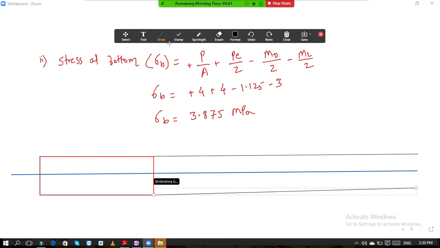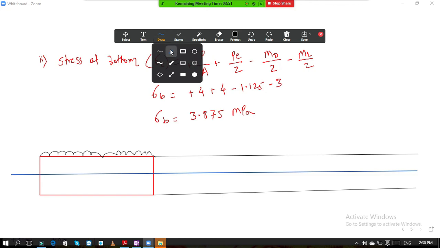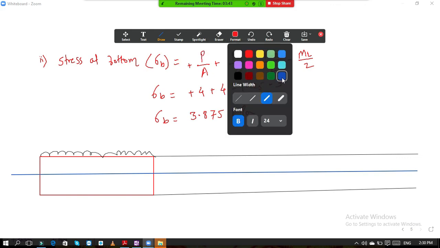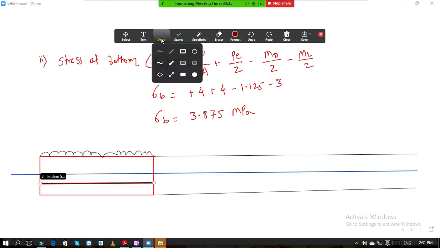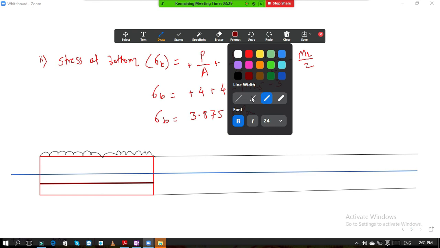So now first thing is that this is our given beam, loading is there on the beam, and the tendon. Where is the tendon located? It is located below the neutral axis, somewhere here. How much is the eccentricity we have calculated?